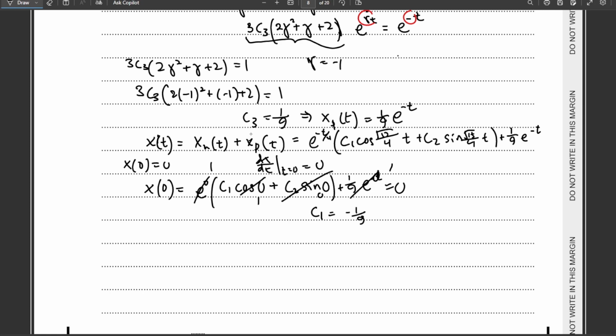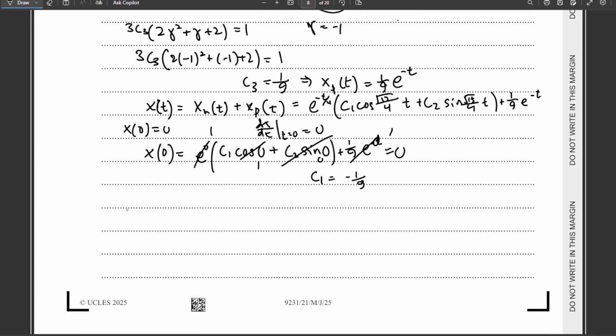Right, now for the first derivative, unfortunately, we have to take the derivative, so that will be slightly long. Okay, dx/dt. And we can see here there is a product between the exponential and also the cosine and sine, so we have to use the product rule here.